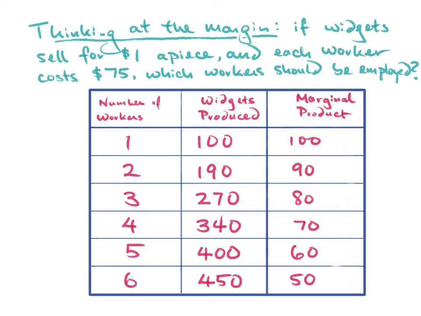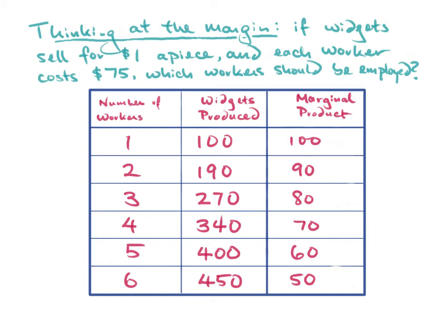Okay, if widgets sell for $1 a piece, and if workers need to be paid $75 each, how many workers should the firm employ in order to maximize profits? Greg Mankiw says in the textbook that rational people think at the margin.